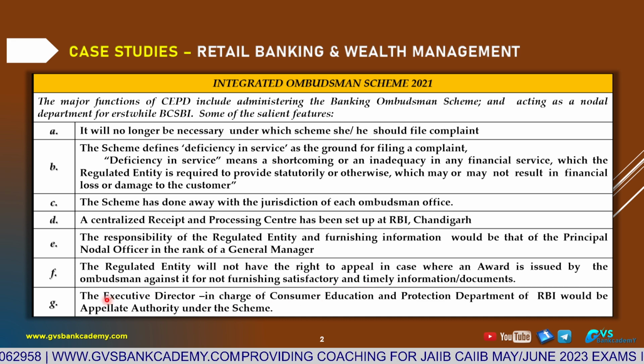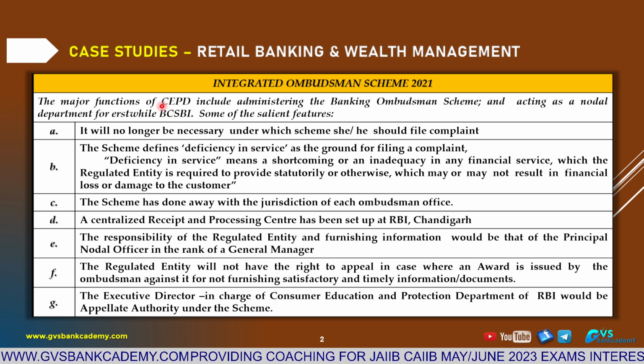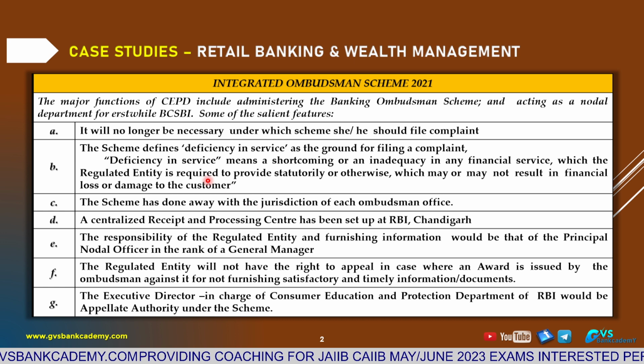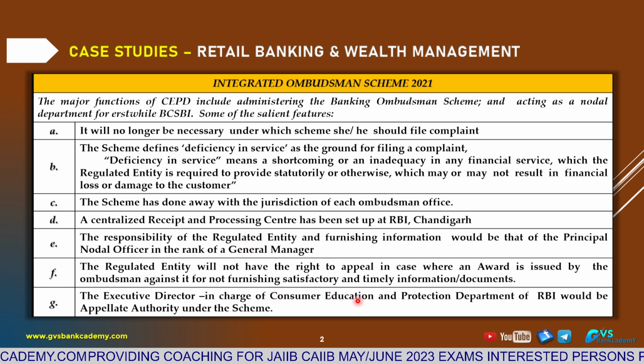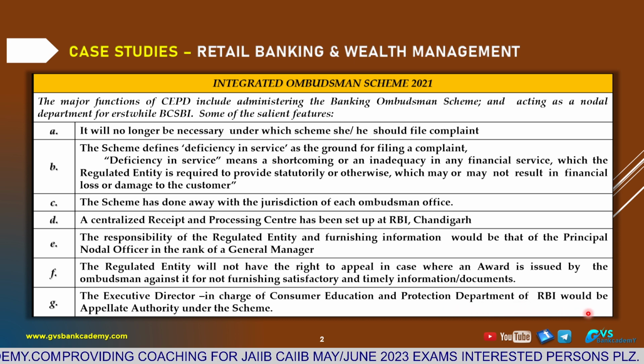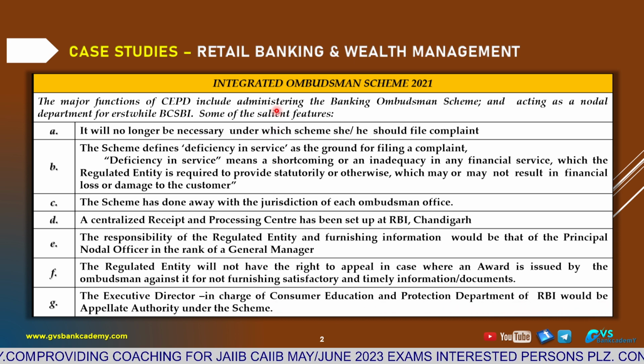before the Executive Director in charge of the Consumer Education and Protection Department, CEPD. The CEPD, Consumer Education and Protection Department of RBI, would be the appellate authority under the integrated ombudsman.